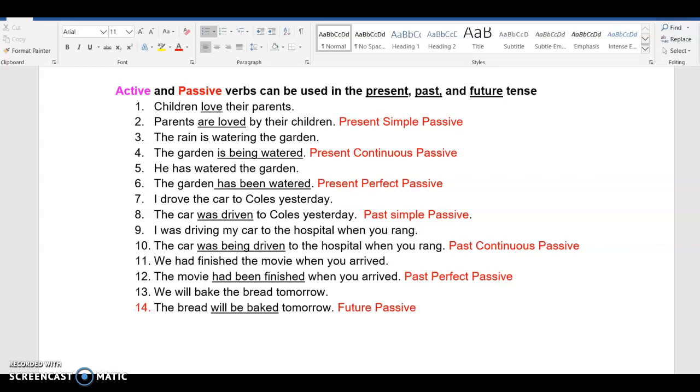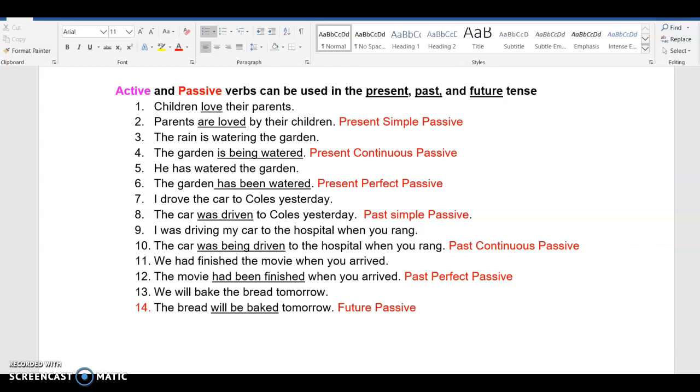Something else is doing the driving in the car. Okay? So the subject, the car, is not doing the verb. So was being driven is a passive verb and it is a past continuous passive. Okay? So number 9 and number 10 are both past continuous, but one is active and one is passive.